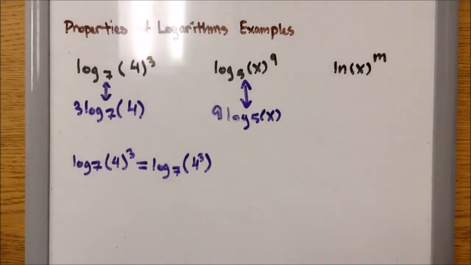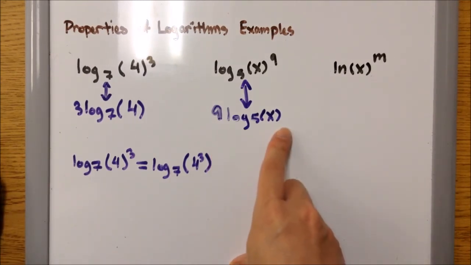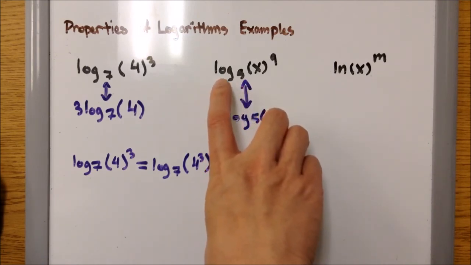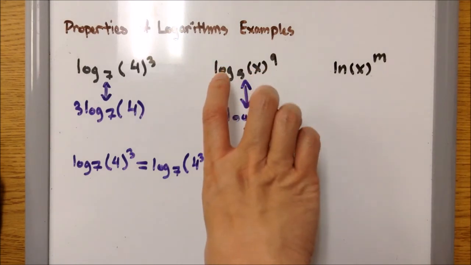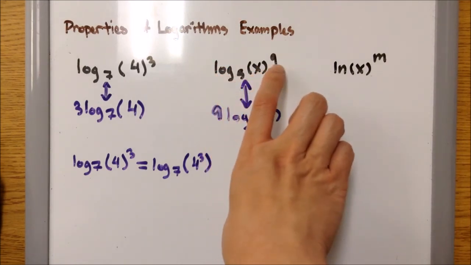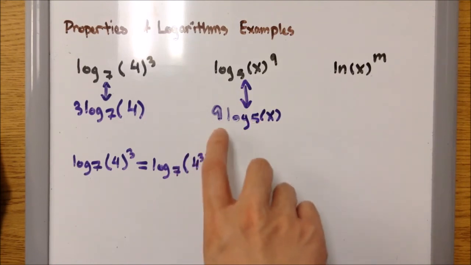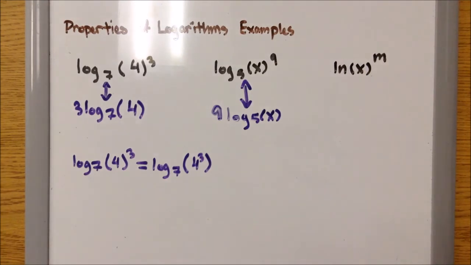If you start off with 9 log base 5 of x and you want to rewrite it, it would be rewritten as log base 5 of x to the 9 power. Or if you start off with log base 5 of x to the 9 power and rewrite it using the power property, it would be 9 times log base 5 of x.